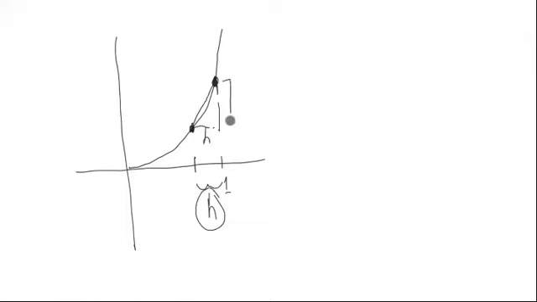Then the question is, what's the rise? Well, I know what this y value is for this function. It's 1. What's this other y value? We just plug it into the function. Remember what the function is, and we'll label it with an f this time: f of t is equal to t squared.